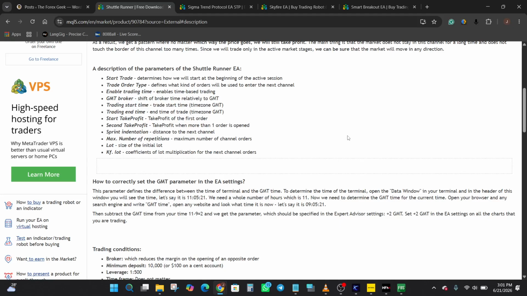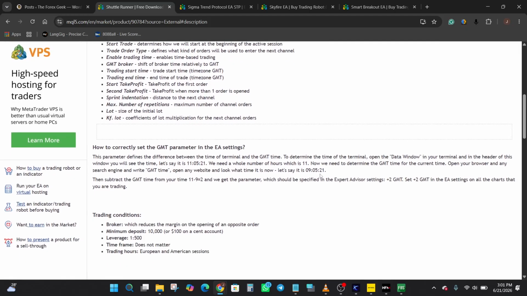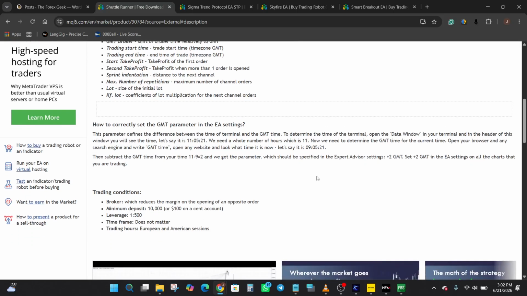There are also settings for channel spacing, maximum channel repetitions, initial lot size, and the lot multiplication coefficient used for subsequent positions. Another feature highlighted on the page is the GMT broker setting. The developer provides instructions for calculating the correct GMT offset based on broker server time. This allows the trading schedule to align properly with the intended market sessions.